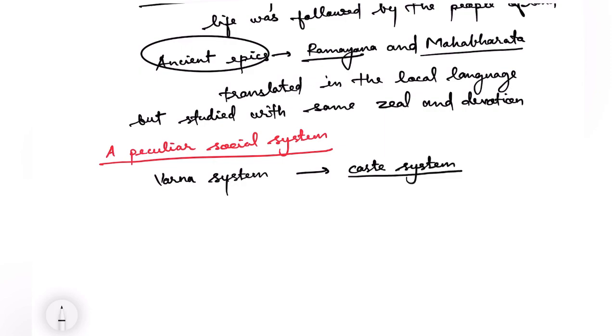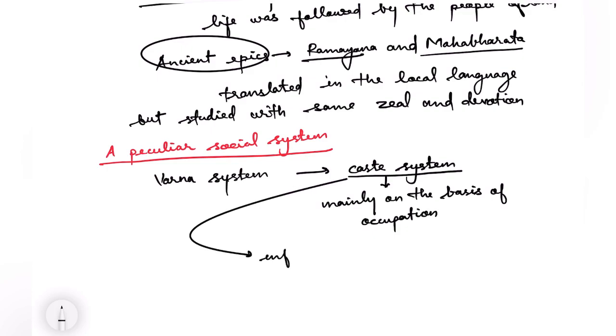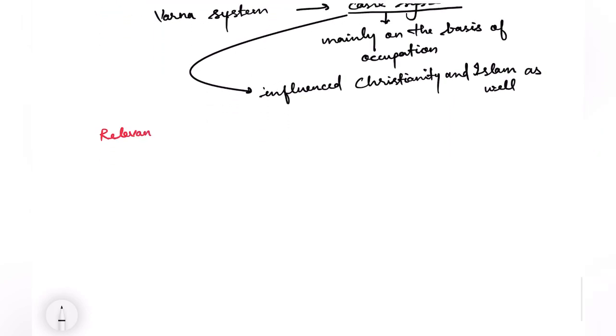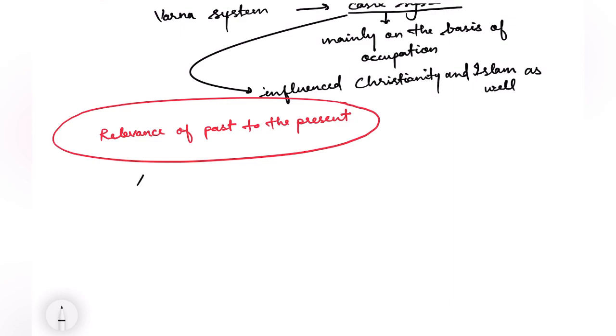Later this Varna system further extended into the caste system, and the caste system was mainly based on the type of occupation performed by the people, like those who were carpenters and cobblers and ironsmiths. They were known by their work. It not only influenced Hinduism, but also had its influence on Christianity and Islam.